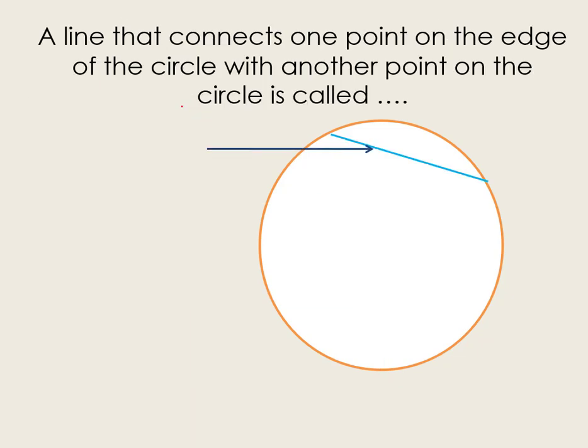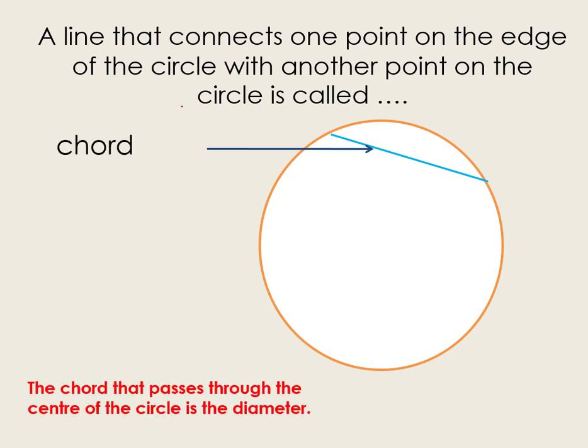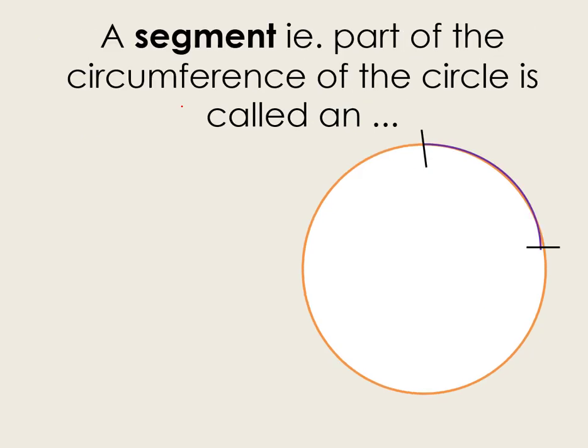Okay, this line joining 2 points on the circle and not passing through the center is called the chord. And the chord again is the line passing through 2 points and not passing through the center of the circle.